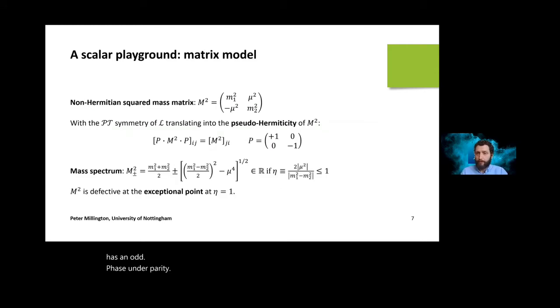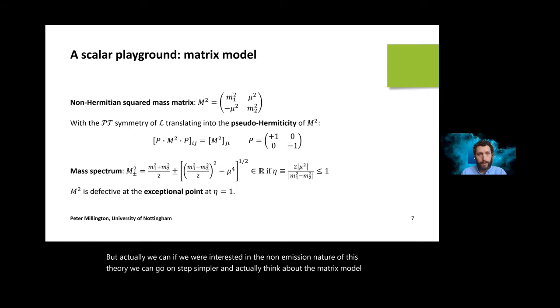But actually if we were interested in the non-Hermitian nature of this theory, we can go one step simpler and actually think about the matrix model that's underlying this, which is a matrix model corresponding to the squared mass matrix of this theory, which is the one that's written at the top of this slide here, which is skew symmetric. And the PT symmetry of this Lagrangian translates into the pseudo-hermiticity of this squared mass matrix. So if I act with this parity matrix, which, remembering that the underlying theory was one scalar and one pseudo-scalar.